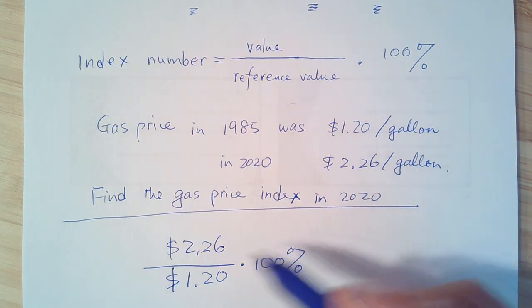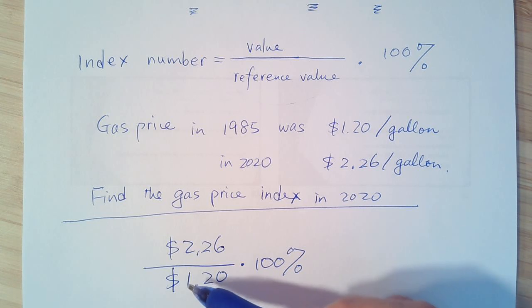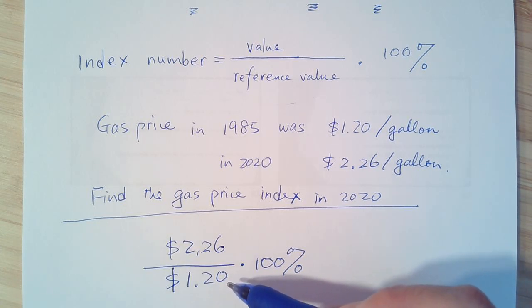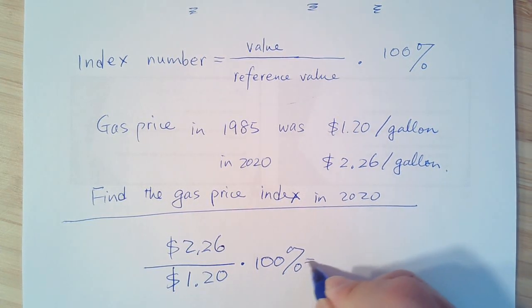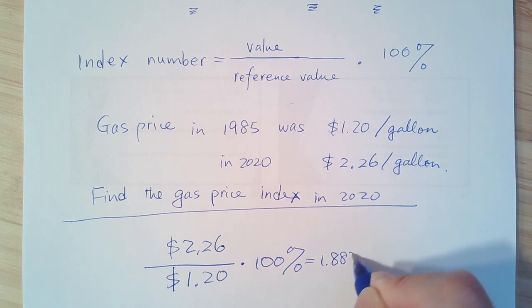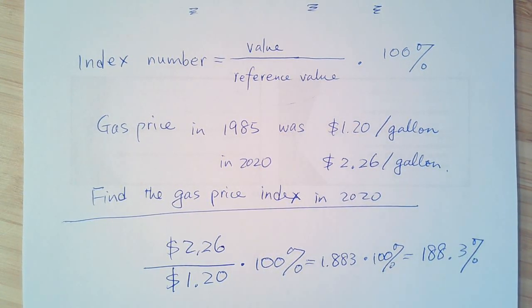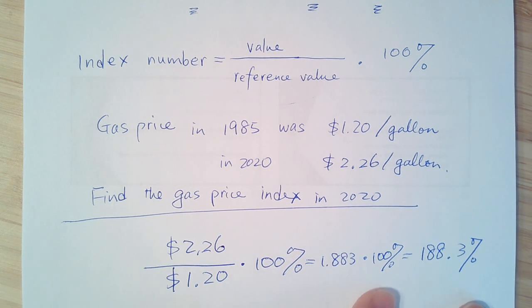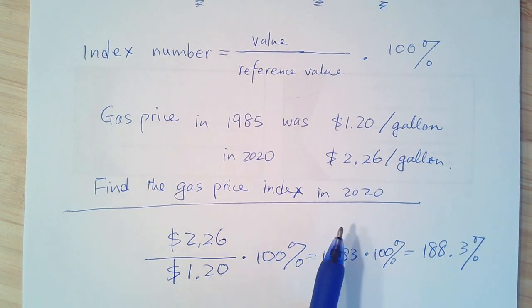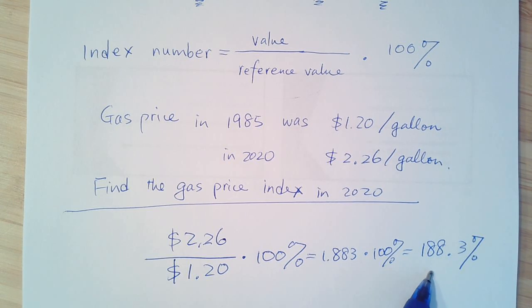With your calculator, 2.26 over 1.2 gives you 1.883. Multiplied by 100%, you get 188.3%. I hope you know how to go from here to here: you keep the percent sign, use 1.883 multiplied by 100, and you get that. Therefore, the gas price index in 2020 is 188.3%.